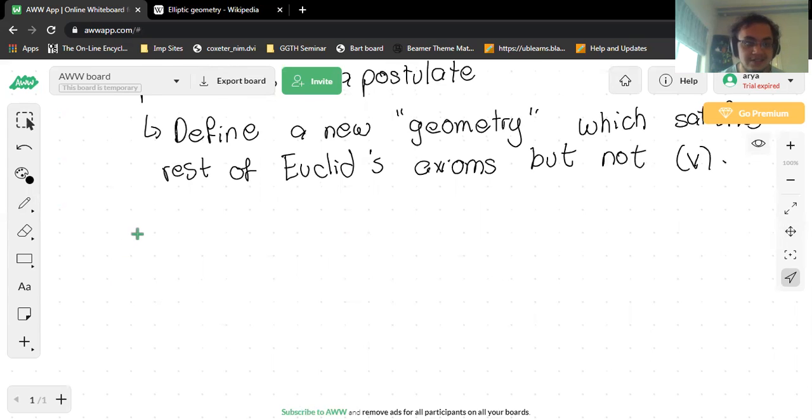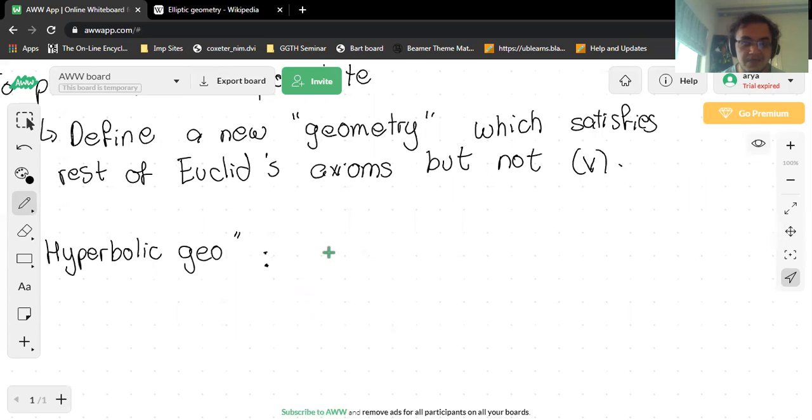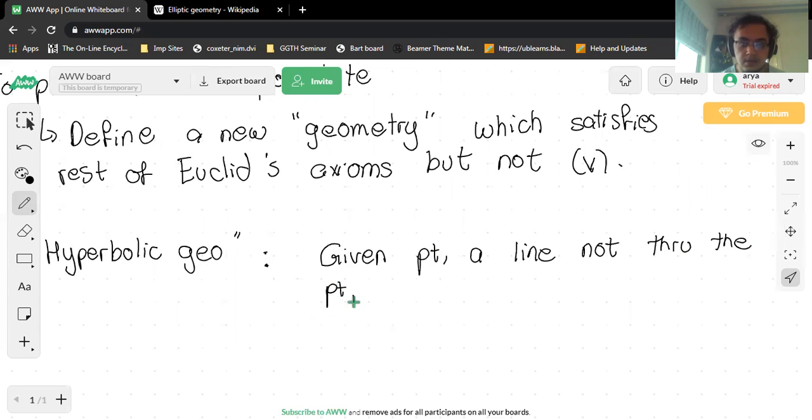One is known as hyperbolic geometry, in which the version of the parallel postulate goes: given a point and a line not through the point, there exist infinitely many lines through the point parallel to the given line.